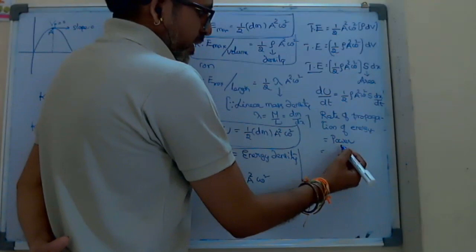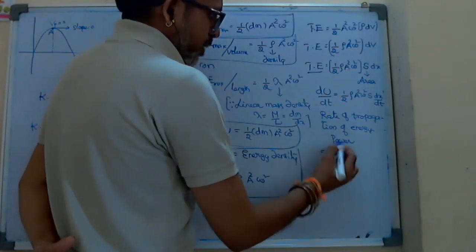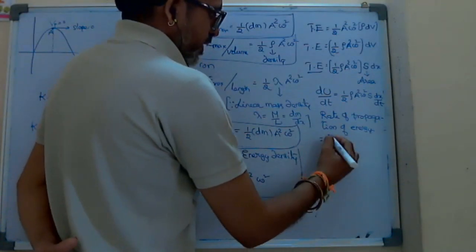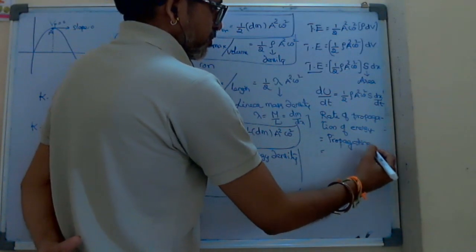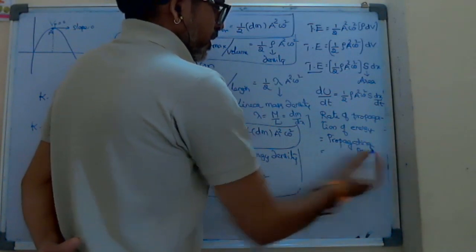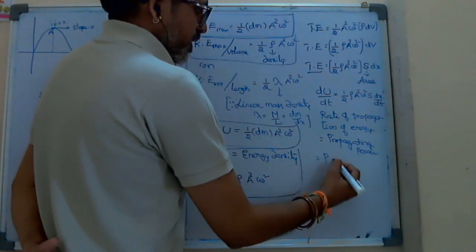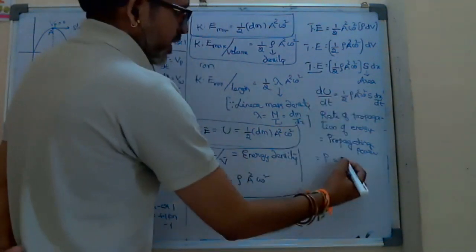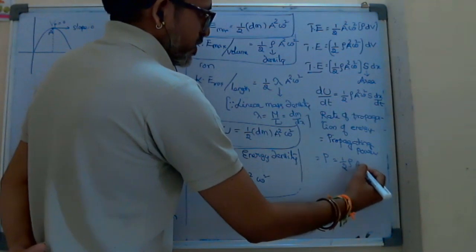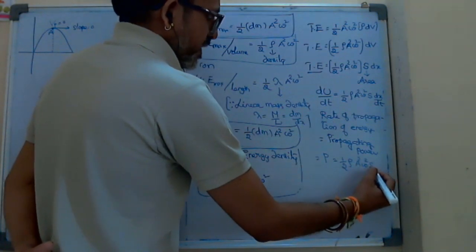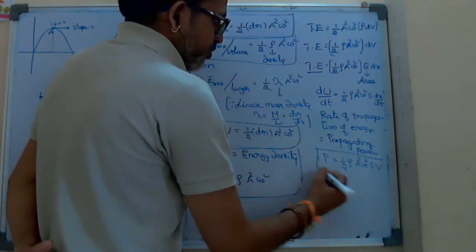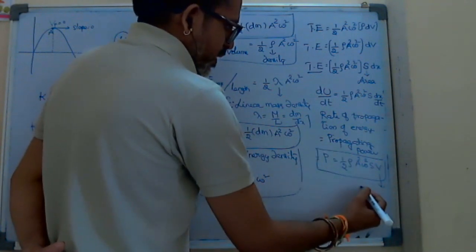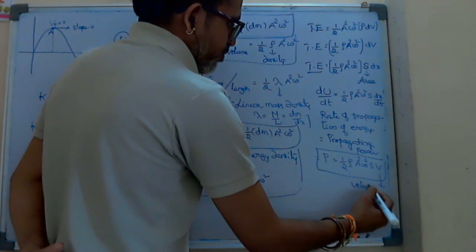So the propagating power, which is represented with the letter P, is equals to half rho a square omega square S into dx by dt, that is v, where v is not velocity of particle, it is velocity of wave.